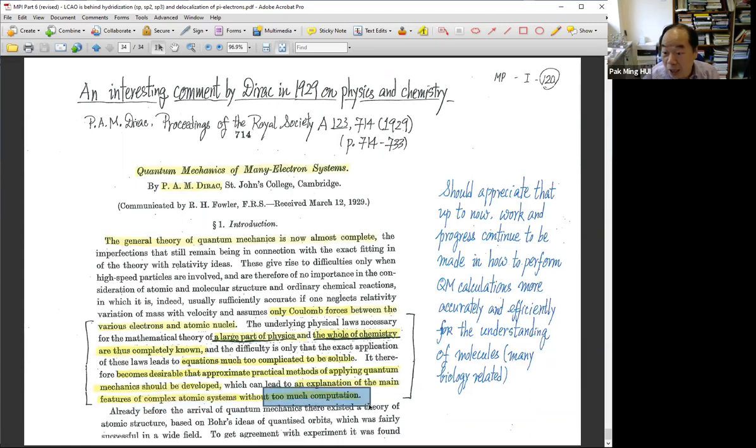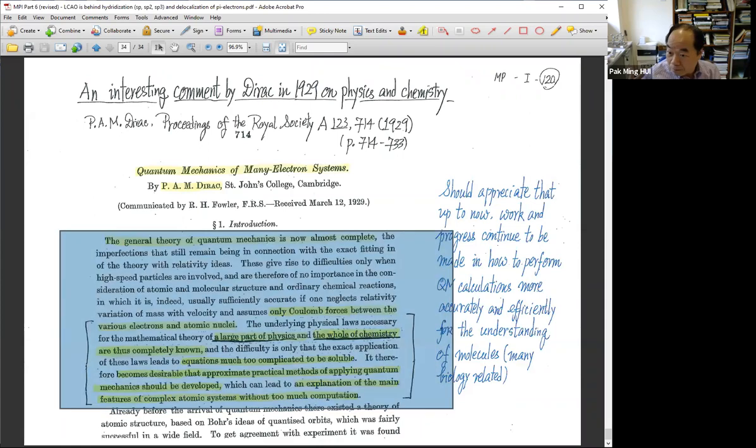So I really encourage students to reread this passage and appreciate a great mathematical physicist, Dirac, and what he was thinking at the time about the situation and progress of physics, and what should be done for physics and for quantum mechanics in order to understand nature.